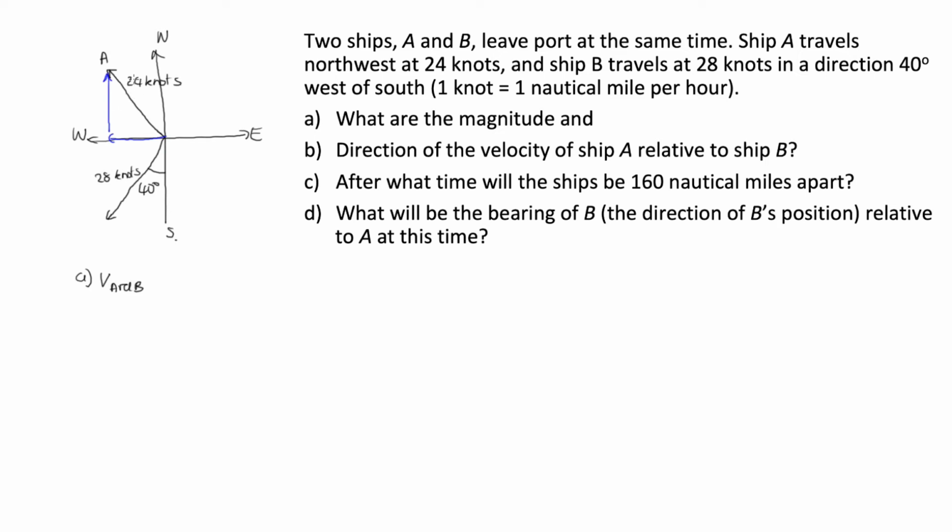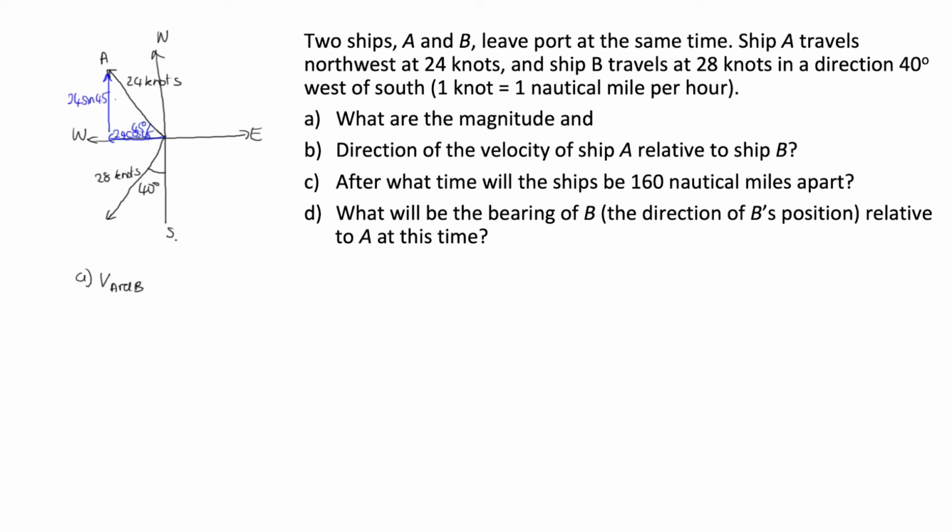Okay, so if we want to break the velocity of A into components, then in the east-west, we've got 24, this is 45 degrees, because this was exactly northwest. So this is equal to 24 cos 45. And this one here is 24 sine 45.